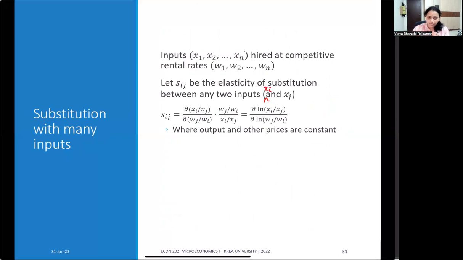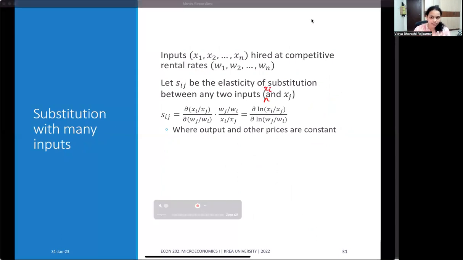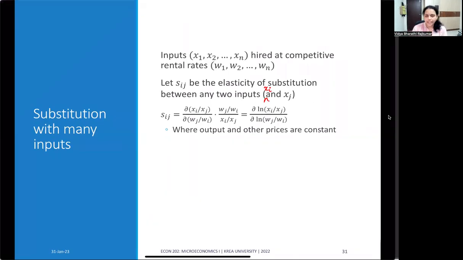Now, that's not a very realistic scenario, right? It's not realistic to imagine that when one input becomes more expensive, you're only changing one of those inputs and substituting it with a cheaper input, but not doing anything else to the other inputs.